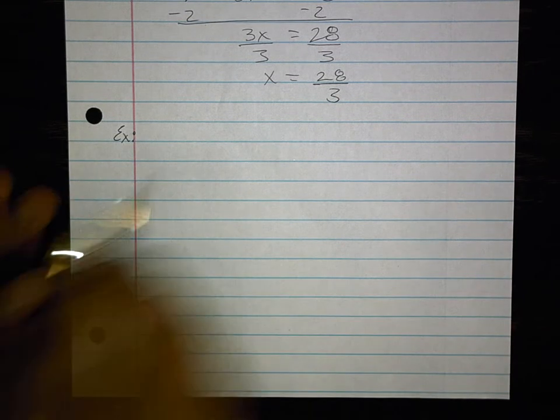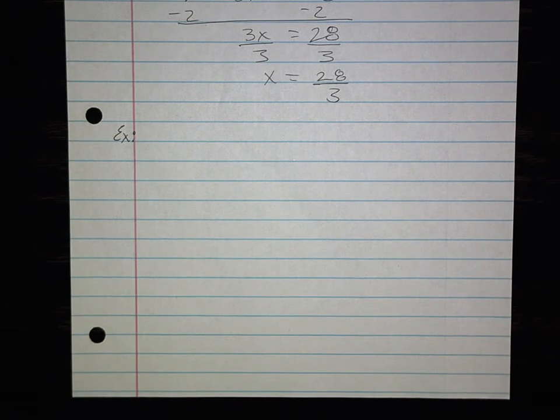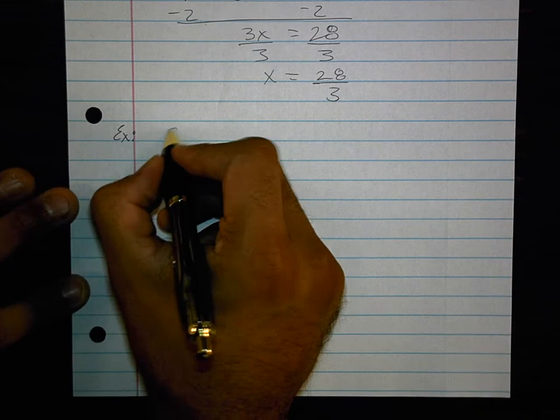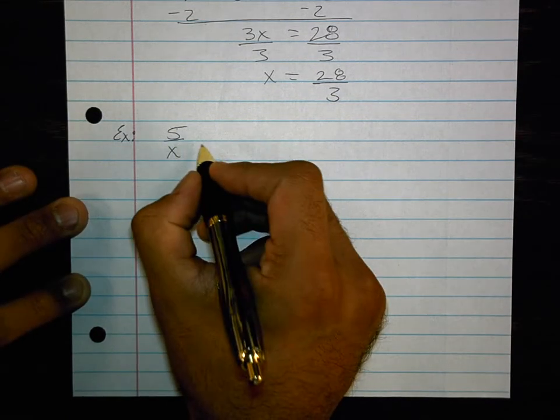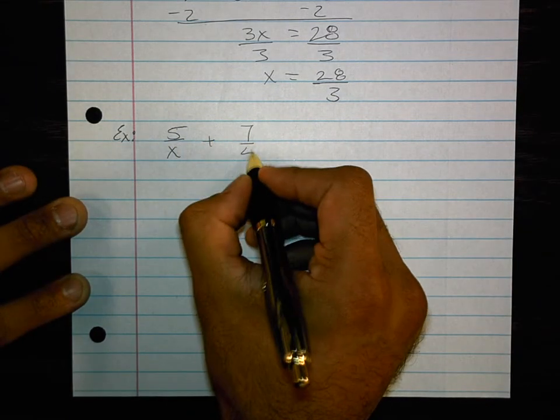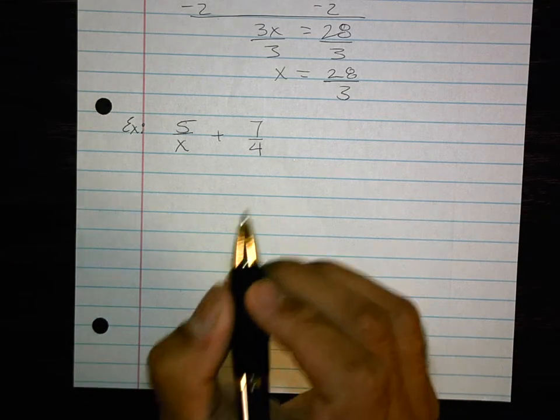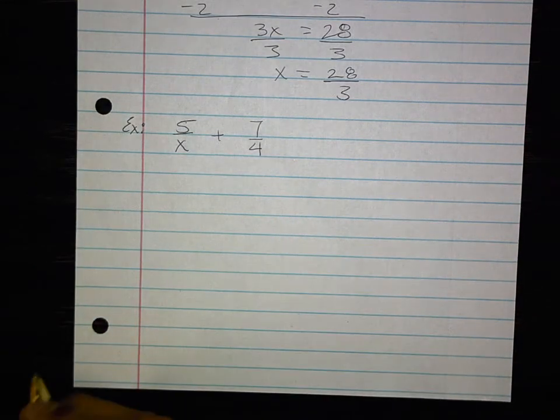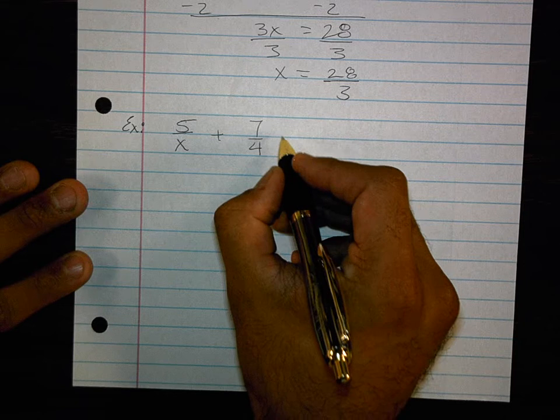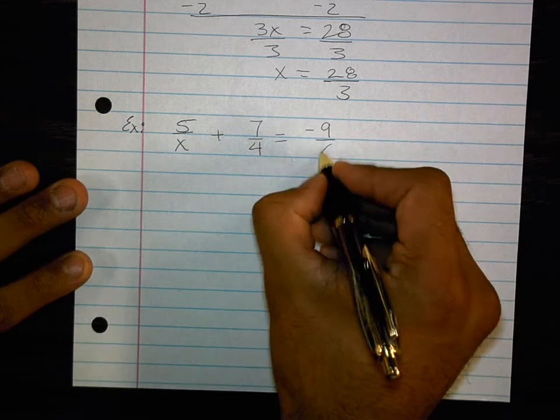Remember, we don't have to multiply the top and bottom because we are technically multiplying both sides. So this next example will be 5 over x plus 7 over 4 equals -9 over x.